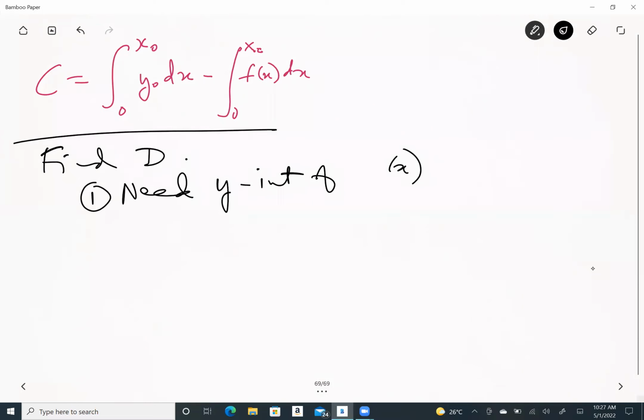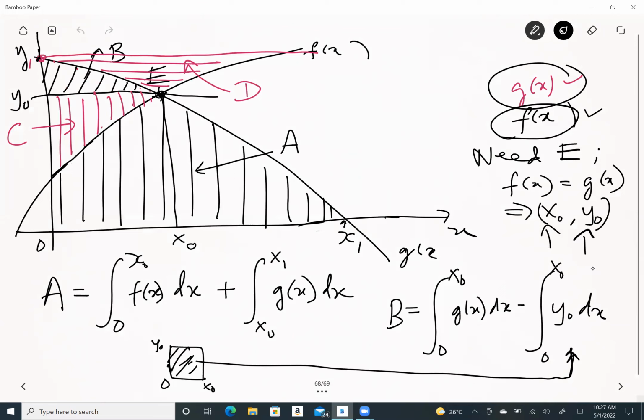Because that is the beginning point. Call it y1. So you got that y1, and y1 will be our function here. That will be the horizontal line.